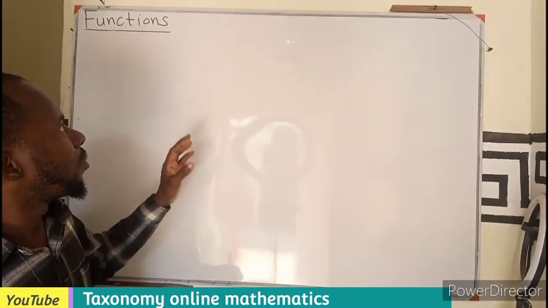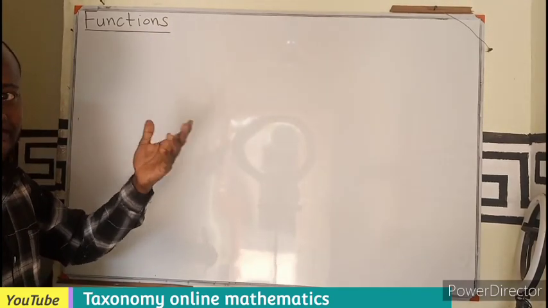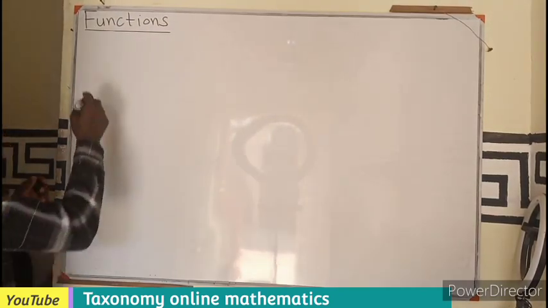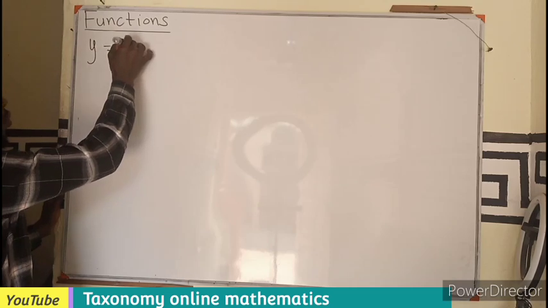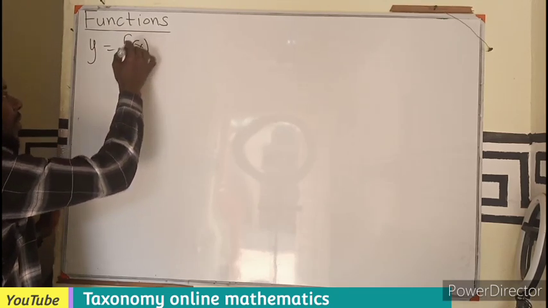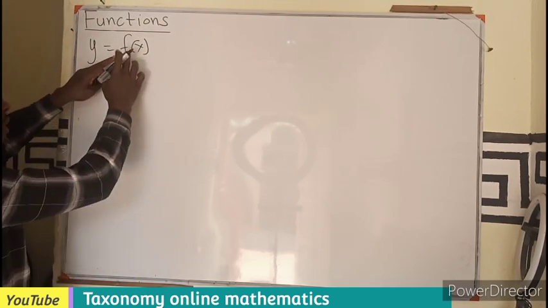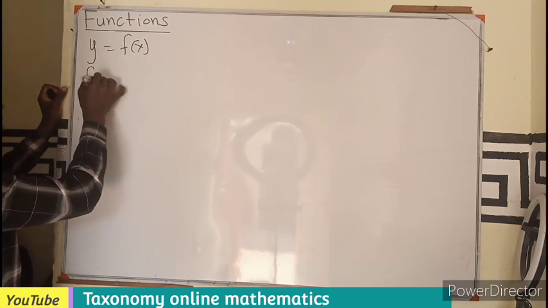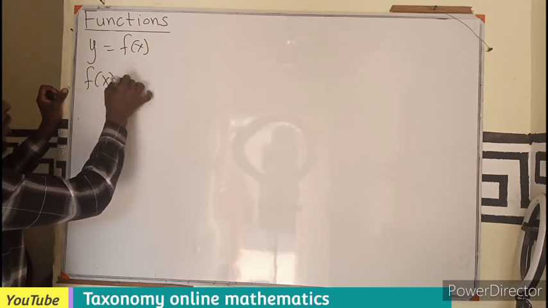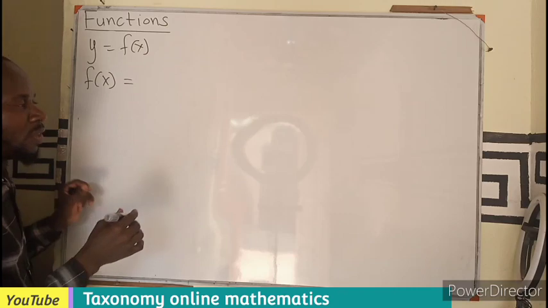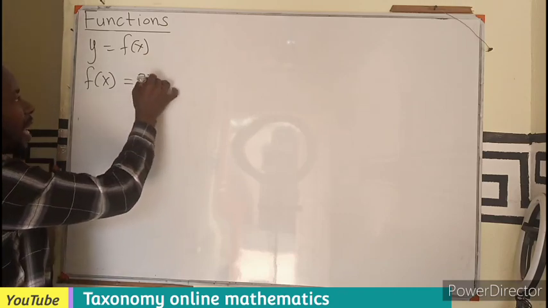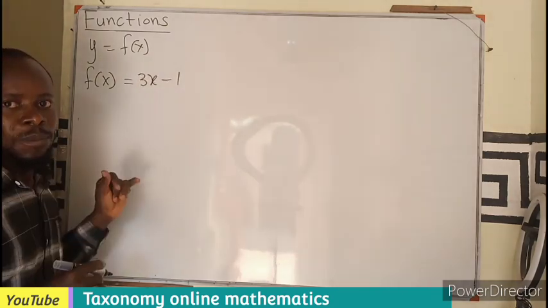We can also write functions as an equation, as in we know y equals f of x, or f of x equals the value given to us, which will be 3x minus 1.